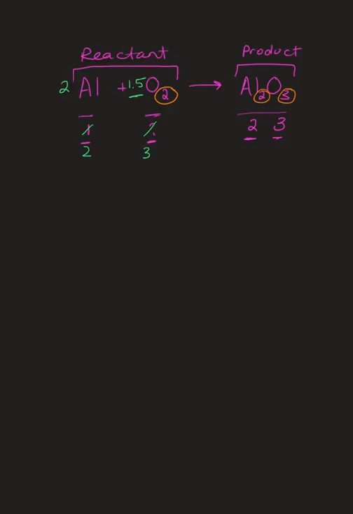Okay, so what does that mean? Let me rewrite the equation. I have Al plus O2, and I have Al2O3. Here's my arrow, right? Now, if I take all of my coefficients and multiply them by 2, then let's see what happens.